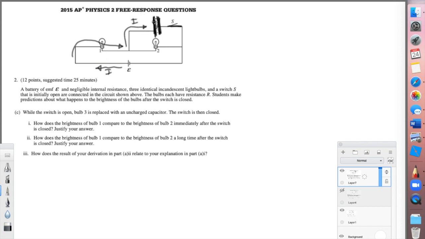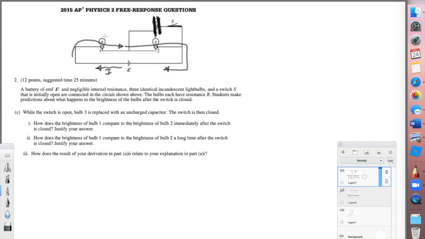And also realize that a capacitor is a break in the circuit where the current cannot flow through. So long story short, if the capacitor is fully charged, the current is going to go through bulb 1 and bulb 2 in series, because there will be no branching. And what's the question? How does the brightness of bulb... Oh, right.